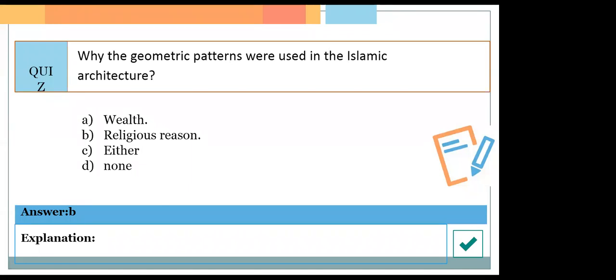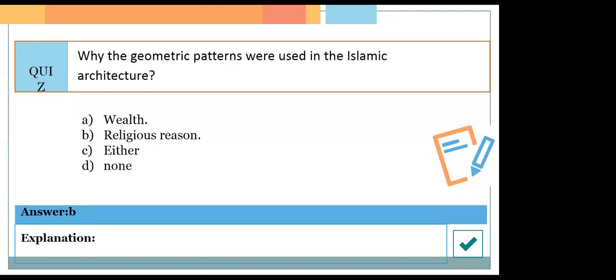So you all know that geometric patterns are one of the features of Islamic architecture, right? They have been used for construction of buildings in the plans, in the elevations, as mashrabiyas, as screen walls.